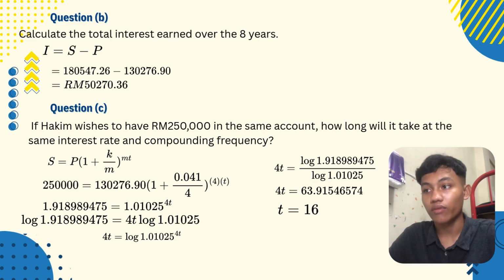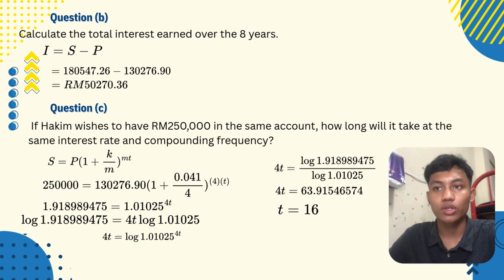For question C, if Hakim wishes to have RM 250,000 in the same account, how long will it take at the same interest rate and compounding frequency? For question C, we need to know how long it will take, which is T. So we use the compound interest formula, which is S equals P(1 + k/m)^(m × t).